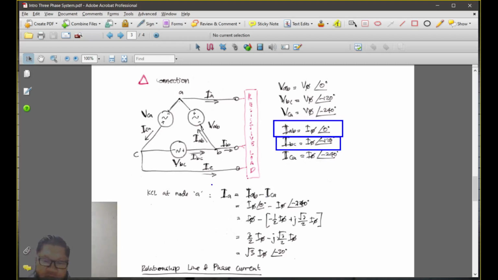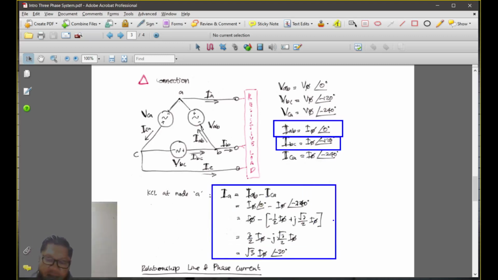So very similar to the delta Y connection, but for the delta connection, you look into the node here. You need to use Kirchhoff's current law, whereby you have IA plus ICA.